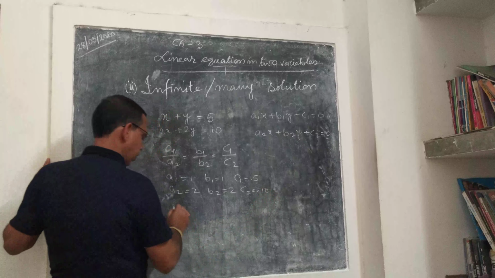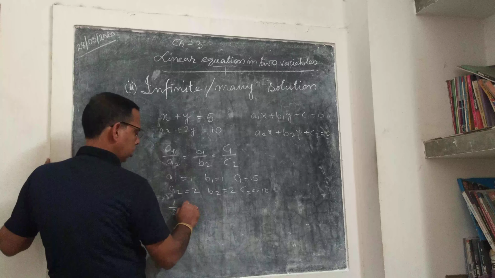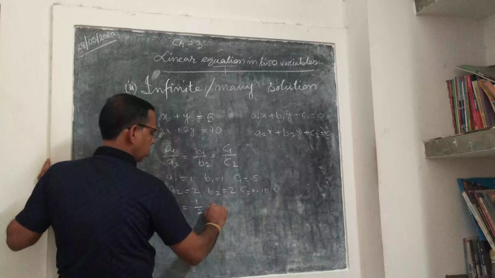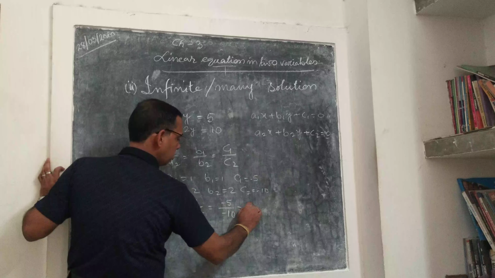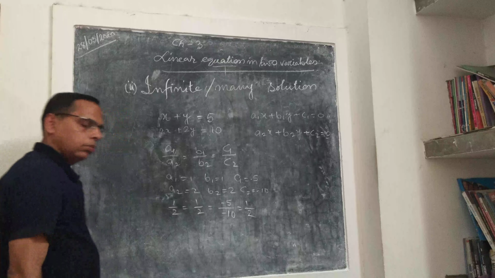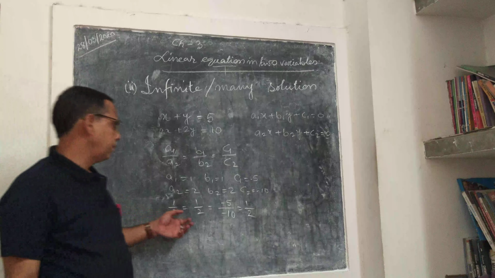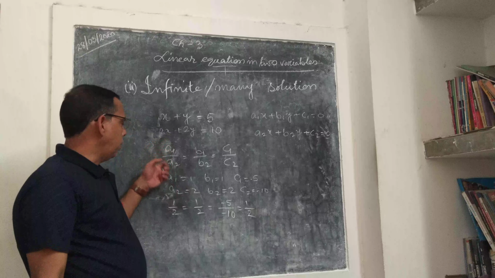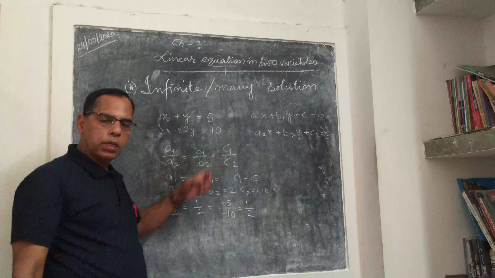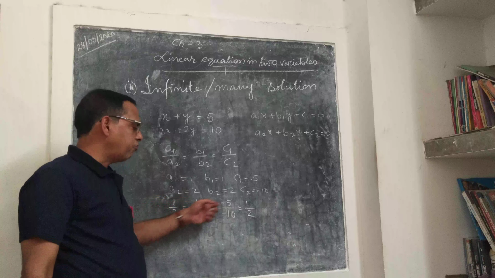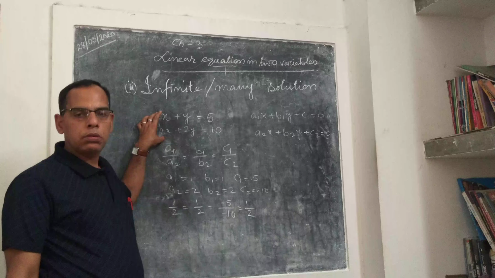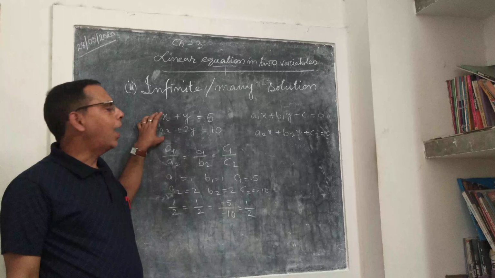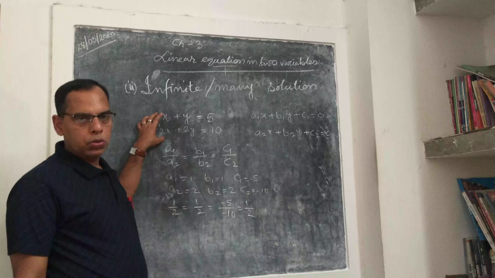Then you check: 1 by 2 equal to 1 by 2 equal to minus 5 by minus 10 equal to 1 by 2. So what do we get? A1 by A2 equal to B1 by B2 equal to C1 by C2, that is half equal to half equal to half. That means this given set of linear equations in two variables has infinite solutions.